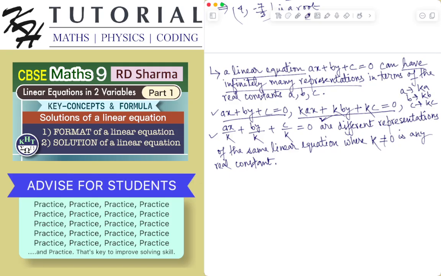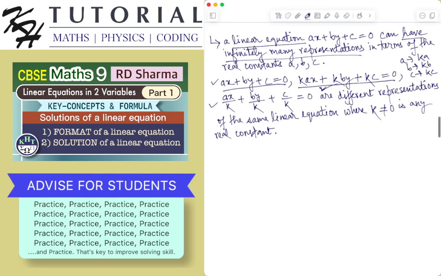But still, it is the same linear equation in the two variables x and y, which will give the same set of solutions or roots. This is the reason we say that a given linear equation does not have a unique representation in terms of the constants a, b, and c.